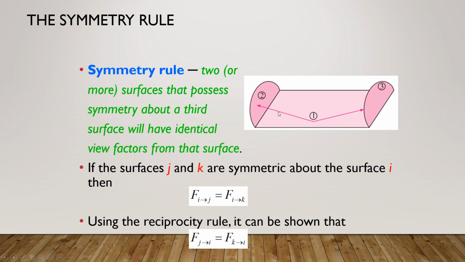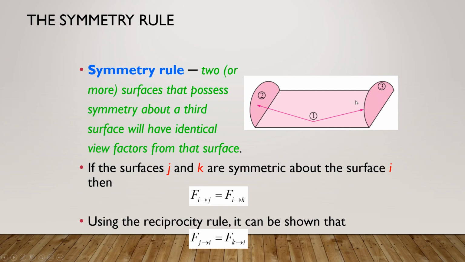Another relationship that you can use is the reciprocity relation. As in the reciprocity relation, Ai Fi to j equals Aj Fj to i, since both of these have the same area, therefore Fj to i equals Fk to i.